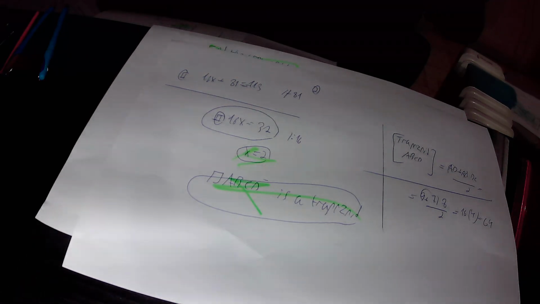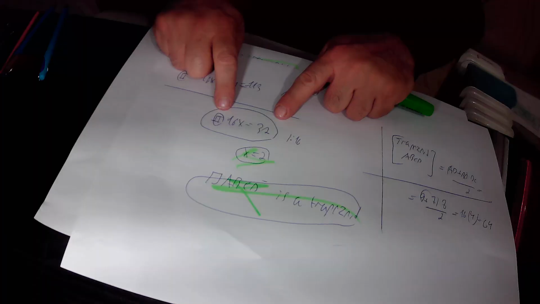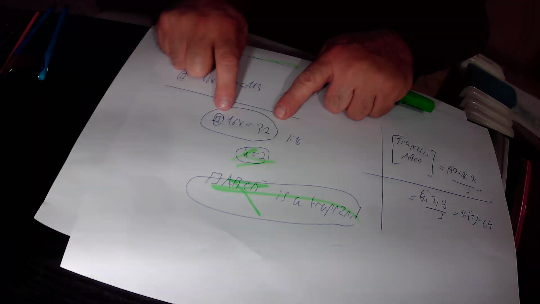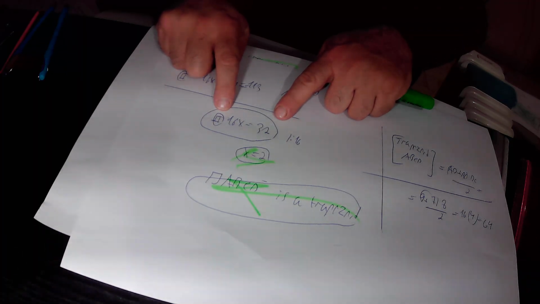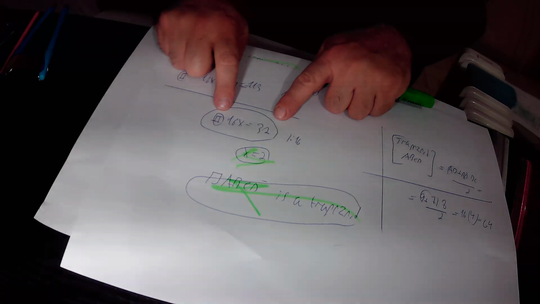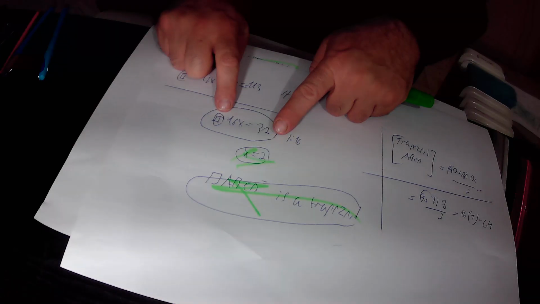So in total, we find out that 16x equals 32. Here we divide this equation by 16, so we found out that x equals 32 over 16, that is 2.